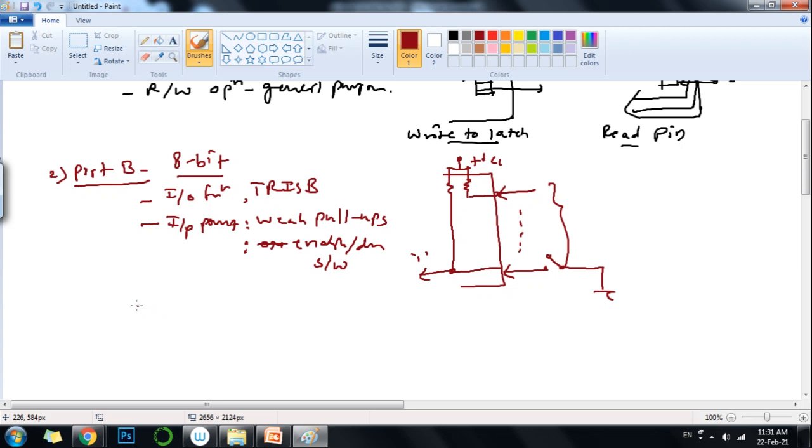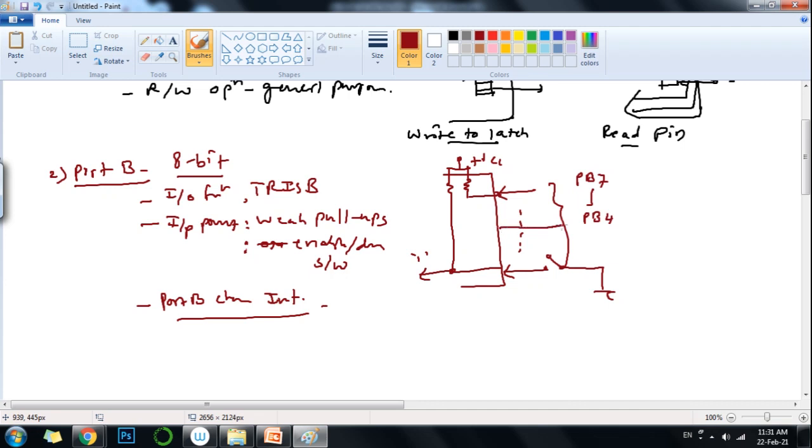One more feature that port B has is what we call the port B change interrupt. This feature is applicable particularly to the input pins PB4 to PB7.